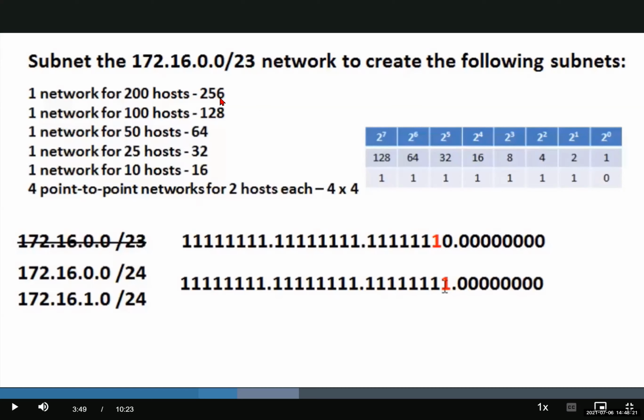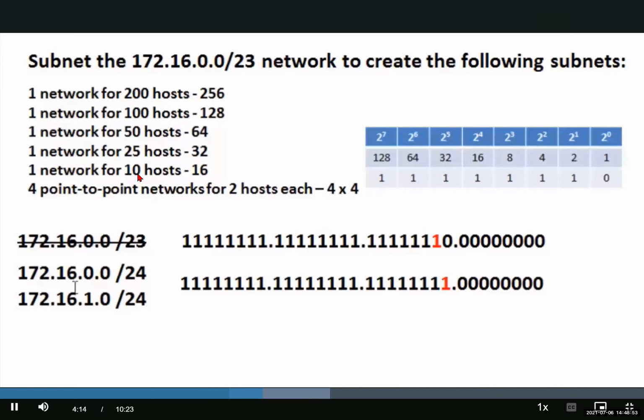That means you have 254 usable addresses here. It's enough to support 200 hosts in the network. This creates 2 networks, 0.0 and 1.0, each subnet having 256 addresses or 8 host bits. Notice how the subnet mask has changed from /23 to /24, and I now have 2 subnets of 256 hosts.